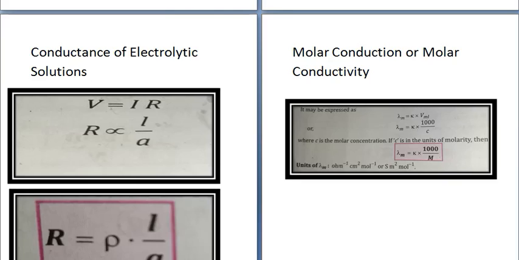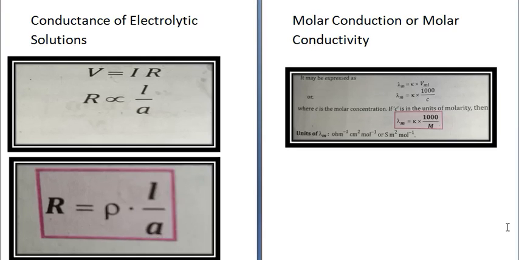Because rho is equal to R into A upon l, and conductivity is 1 upon rho, so it will become 1 upon R into l upon A.